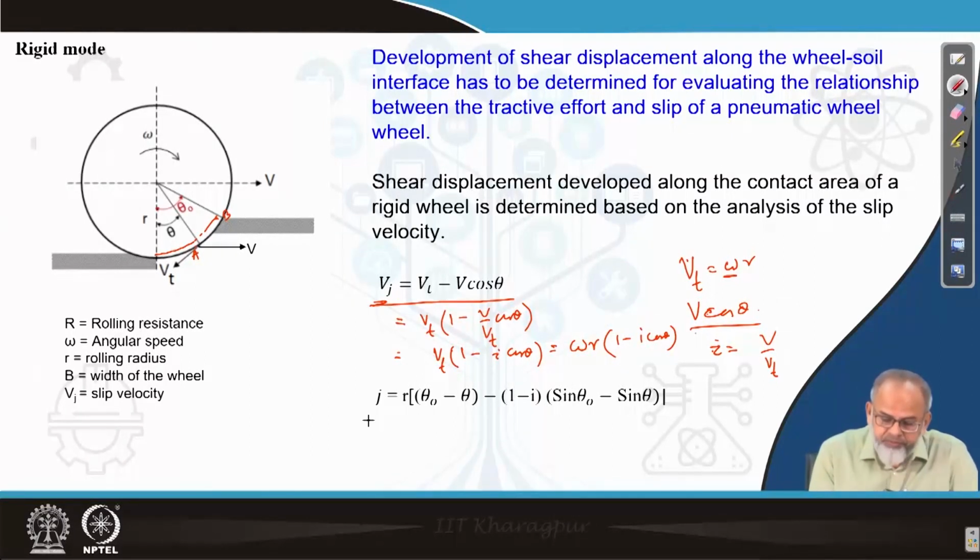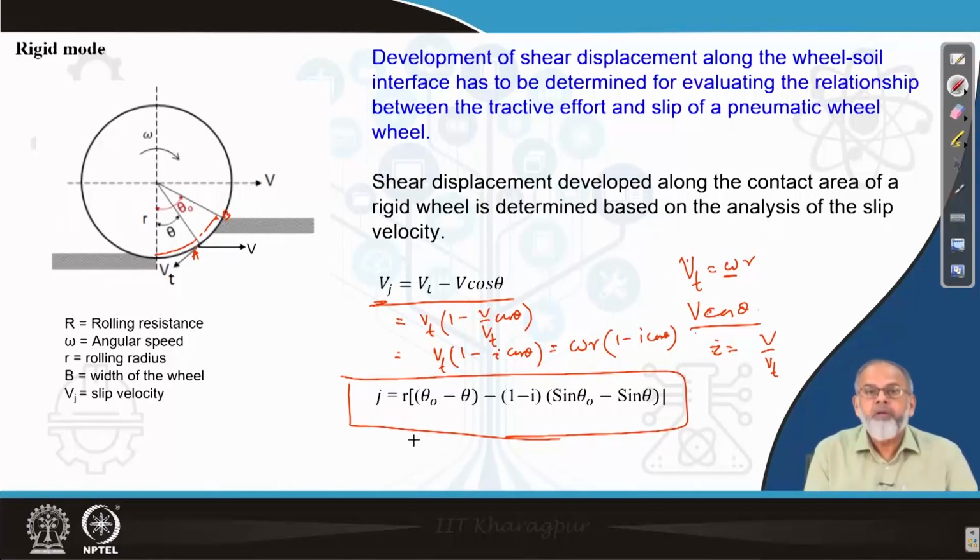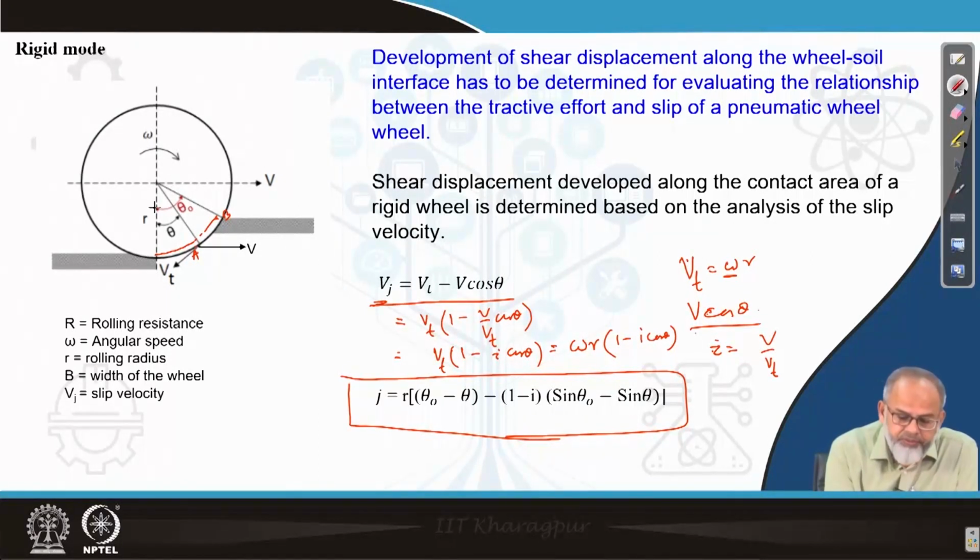By doing that, we will finally develop the equation for shear displacement: j is equal to r into theta 0 minus theta minus 1 minus i into sin theta 0 minus sin theta. That means displacement is a function of the entry angle theta 0, which is shown in this figure; theta 0 is called the entry angle, and theta is the point where we are interested.